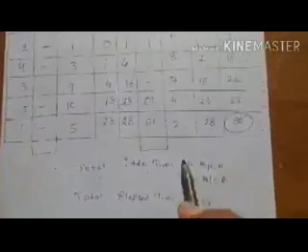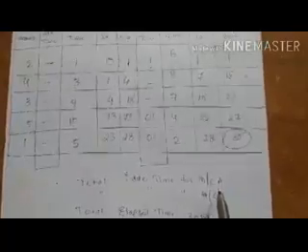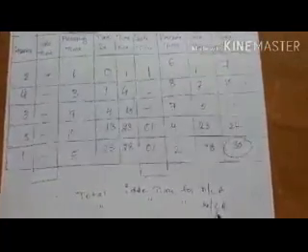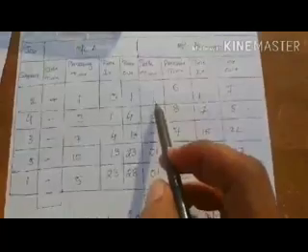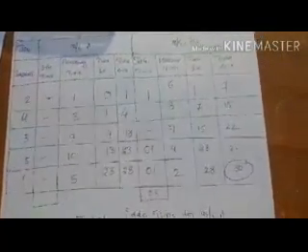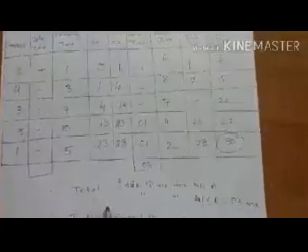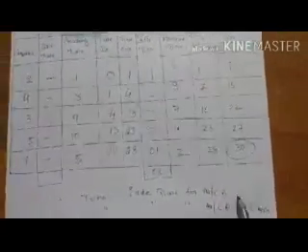Then what is the idle time for machine B? That is 1, 1, 1, so total it is 3 hours.